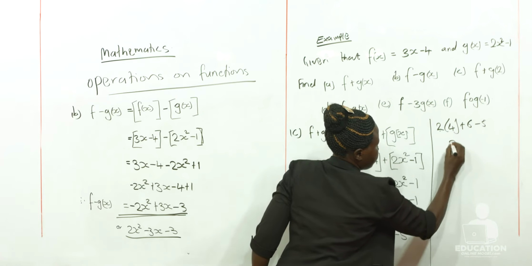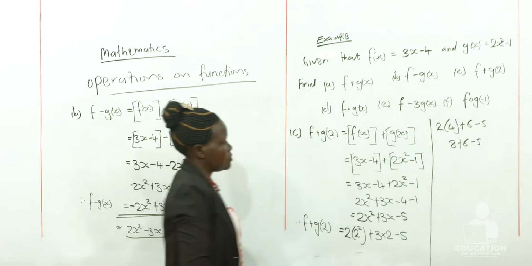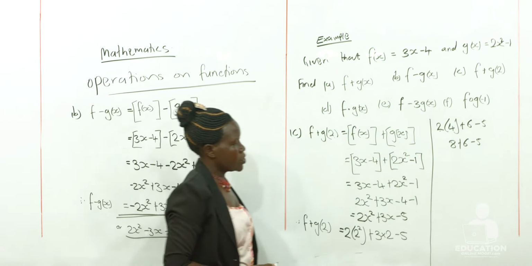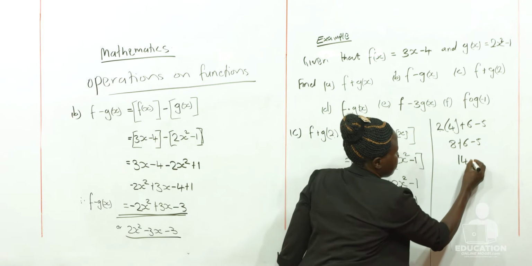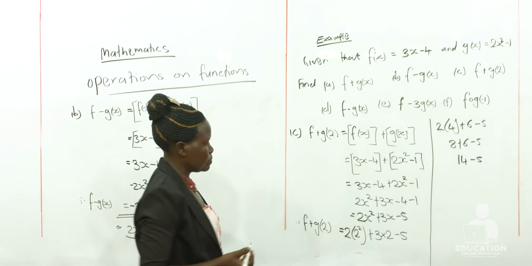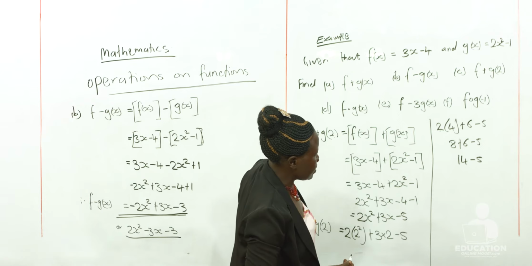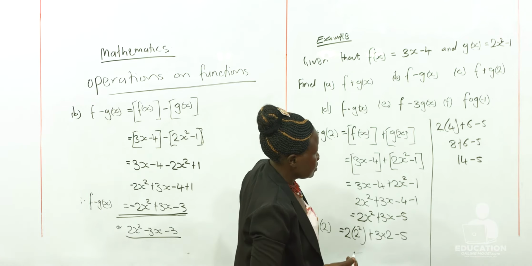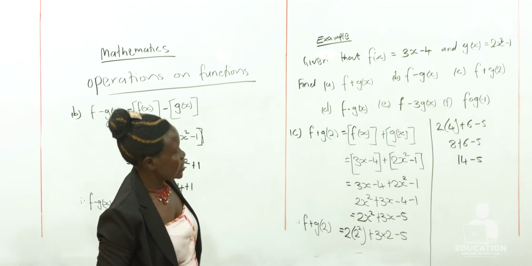So this will be 8 plus 6 minus 5. 8 plus 6 gives us 14. 14 minus 5 gives us 9.